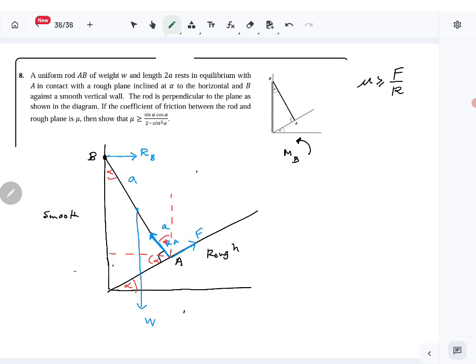F is anti-clockwise, and the perpendicular distance is 2a. So 2a times F is positive. Then the weight is going clockwise, so it is minus W.